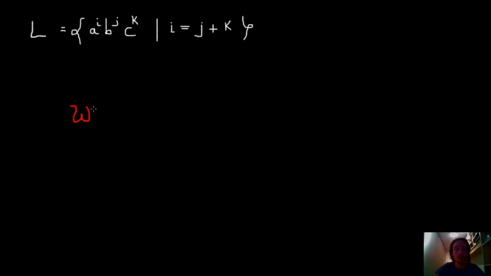However, keep in mind that we can also have an example like this, or any word like this. For instance, imagine that W is the word A, B, B, A, and I have C and C. Now, what happens if you analyze this word? Well, you can count how many A's you have, and how many B's and how many C's, that is, the occurrences of the terminal symbols.